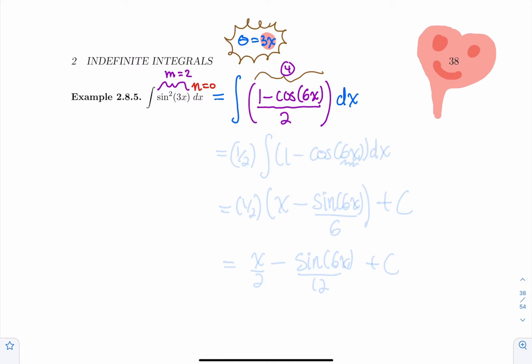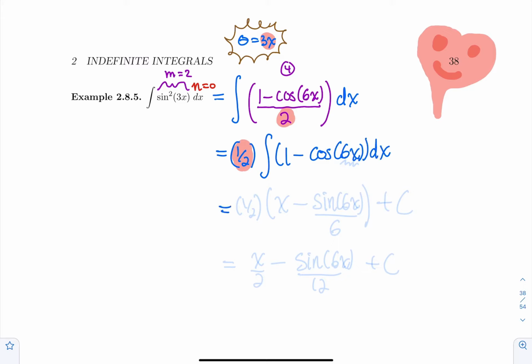And now it's good. We're down to a cosine power 1. We're basically done with this. I'm going to bring the 1/2 outside as a coefficient. So you get 1/2 the integral of 1 minus cos of 6x dx.